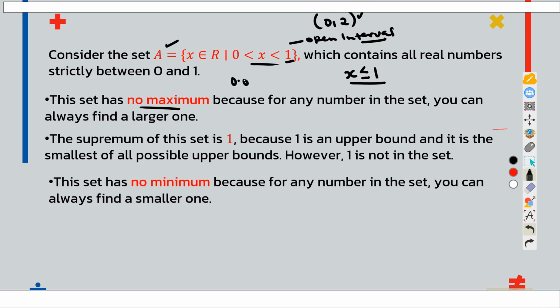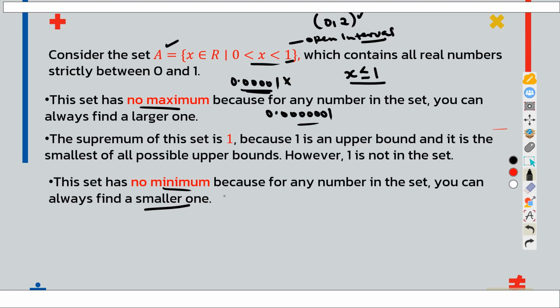Even if you think 0.0001 is the minimum value, there will always exist a number like 0.000001, which is also greater than 0. So whichever number you think about, there will always be a smaller number.